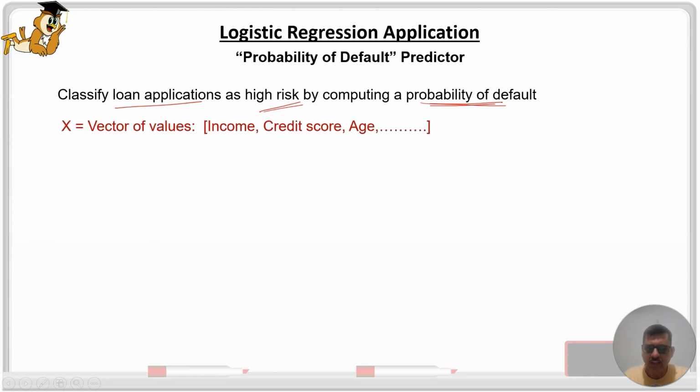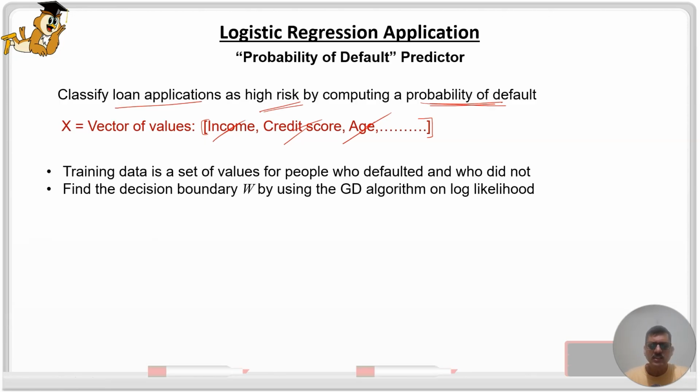Now your input vector x is the vector of values of certain parameters pertaining to the individual. Let's say his income, his credit score, his age, and so on and so forth. There could be more parameters. This is the input vector you construct by putting in the person's various parameters that you are gathering.